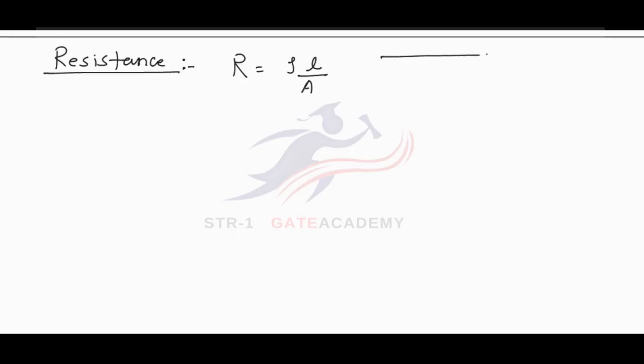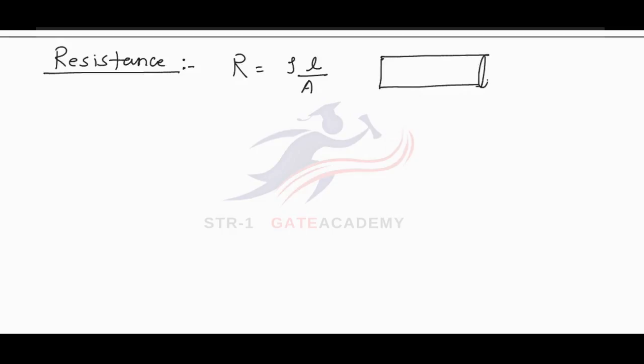Now, resistance of the material. Resistance is defined as R equal to rho L by A. For example, this is the material for which we are calculating resistance.